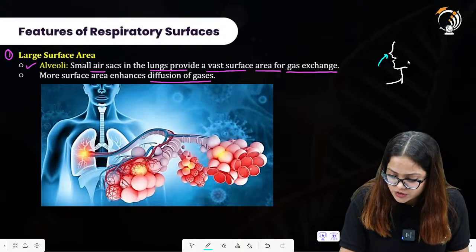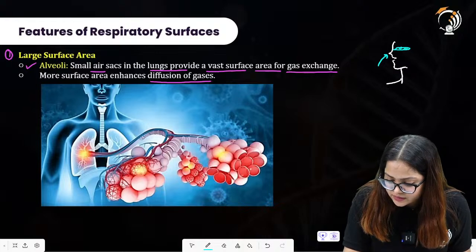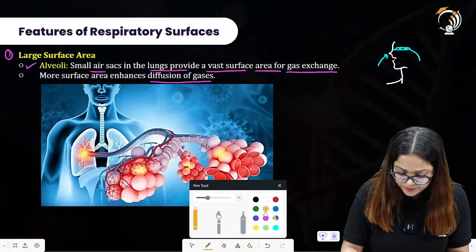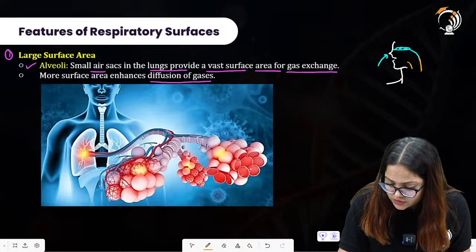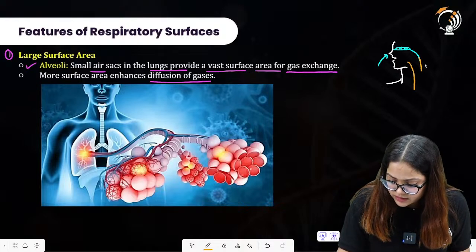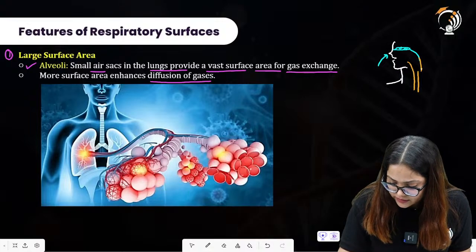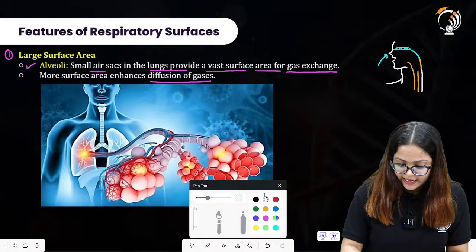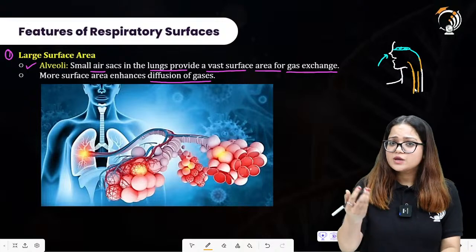These are nostrils. Then it travels through the nasal passage over here. Then it is moving toward the larynx region, and we have the esophagus here. This is the esophagus, and this is the trachea, or you can simply call it the windpipe.